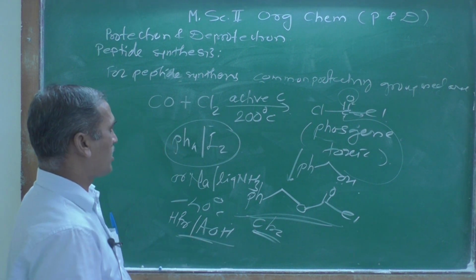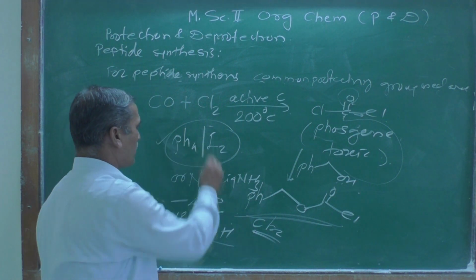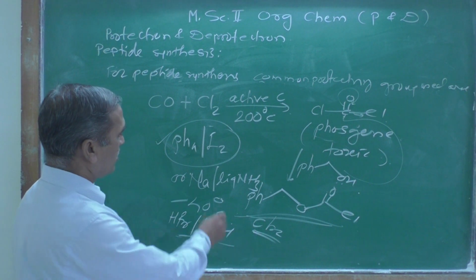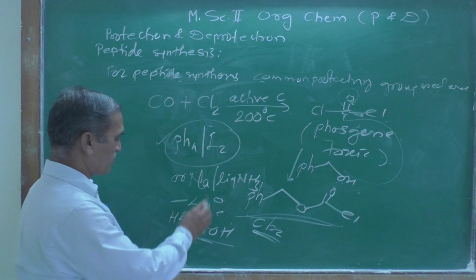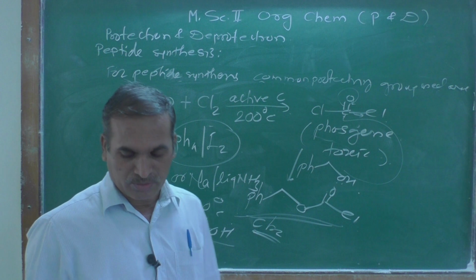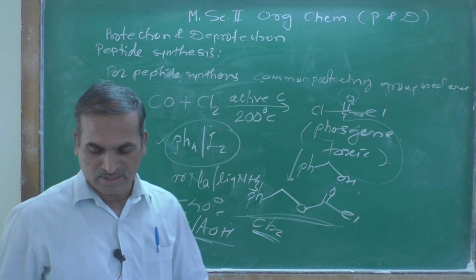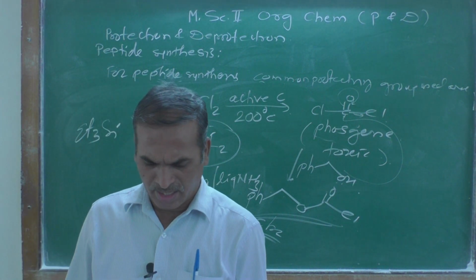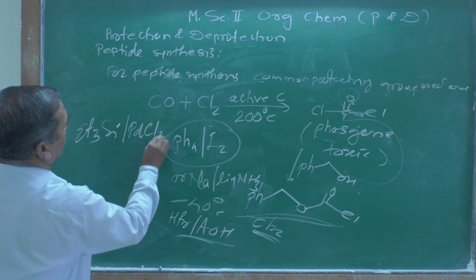In the presence of acetic acid, for deprotection of Cbz, we can use tetraphenyl in the presence of I2, or sodium, the dissolved metal, in the presence of liquid ammonia at minus 40 degrees centigrade, or hydrogen bromide in the presence of acetic acid, or you can use triethylsilane in the presence of palladium chloride.